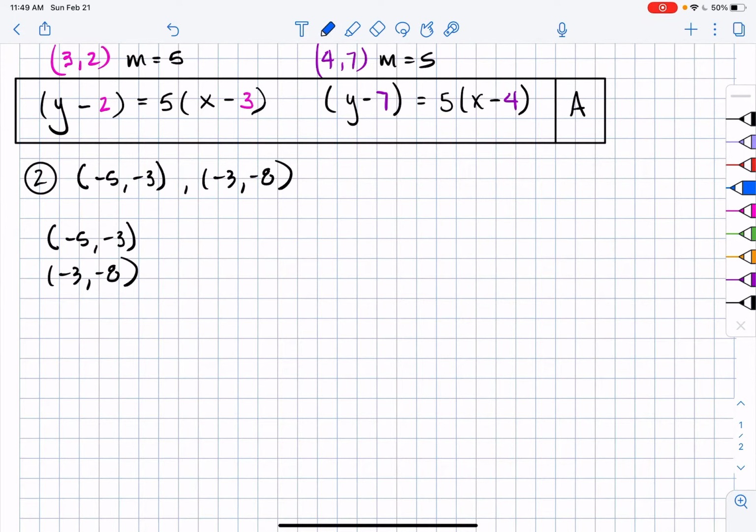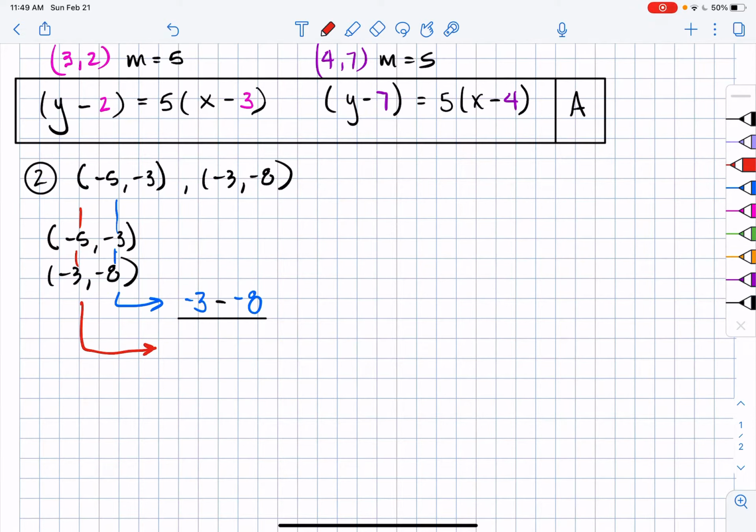And then the change in y is going to be a -3 minus a negative 8. And that's where the major mistakes are being made, right? When you guys forget that it's a negative 8 and you kind of mush that with a subtraction. All right, so please be careful with that.